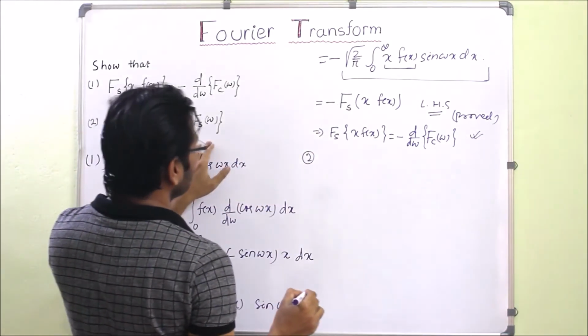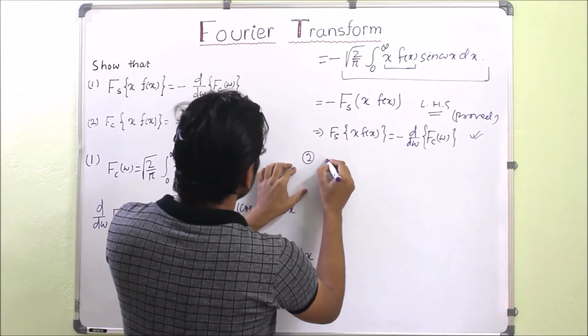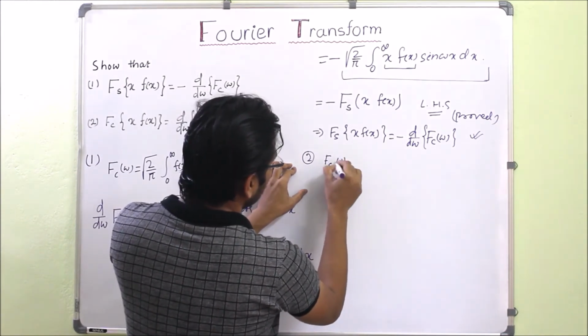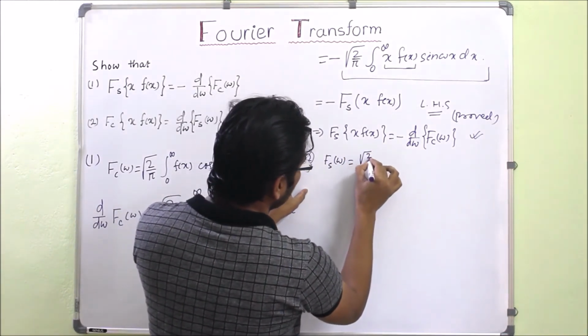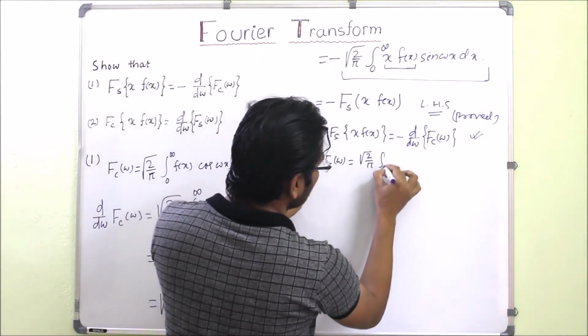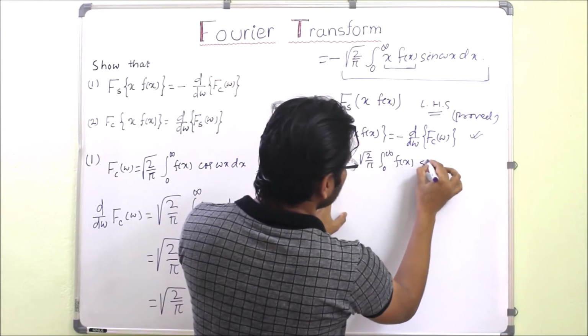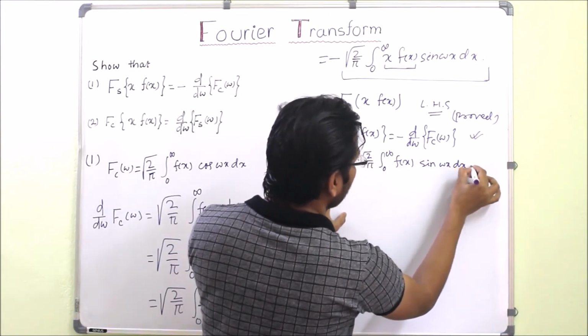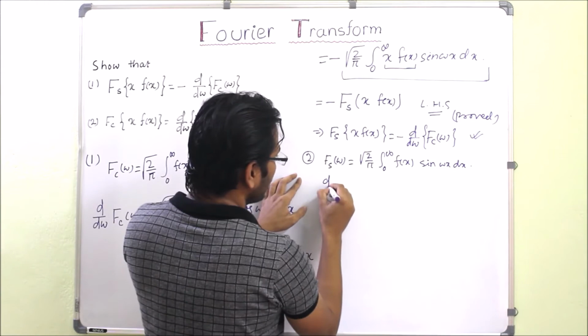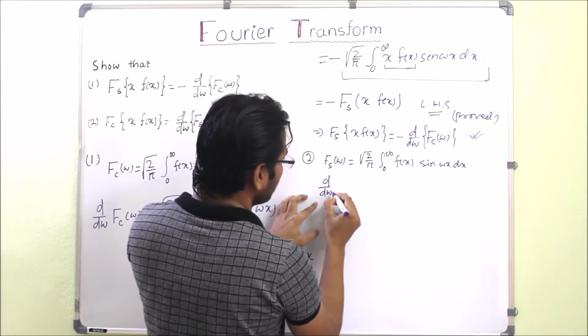The second one also we will start from the RHS. In the RHS we have Fs of w. Fs of w is square root of 2 by pi, 0 to infinity, f of x sin wx dx. Now we will take the derivative with respect to w.